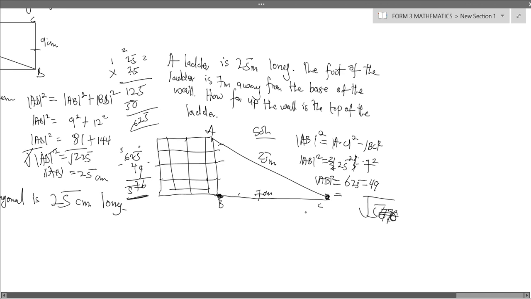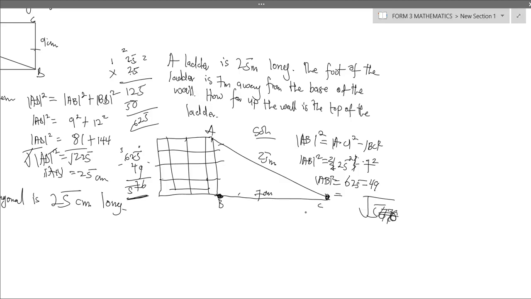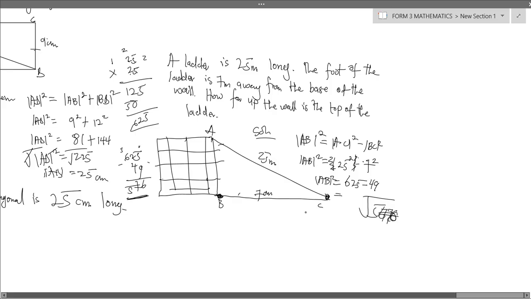So square root of 576, let's see what we get. 24. So the square root of 576 is 24.